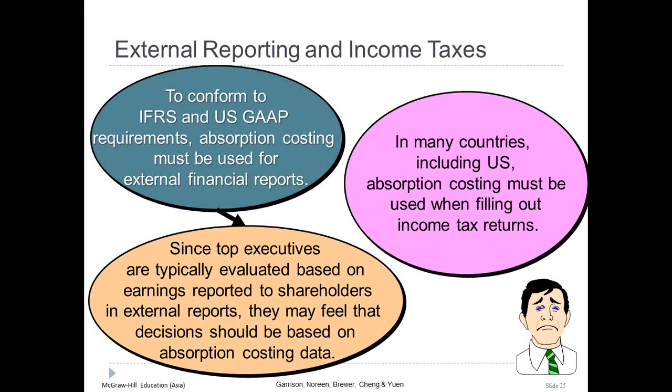Top executives are typically evaluated on earnings that are reported to shareholders in the external reports, and they feel that decisions should be made on absorption costing data. So again, absorption costing data is GAAP and used for published financial statements, and that's where top executives tend to be compensated.